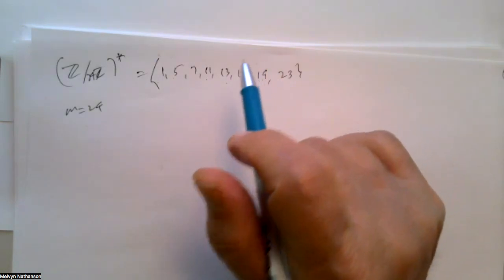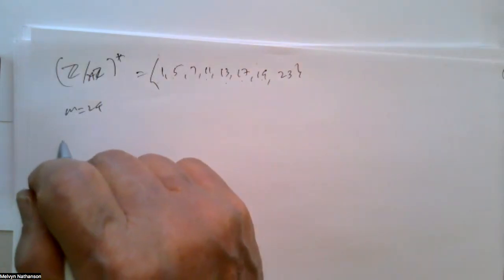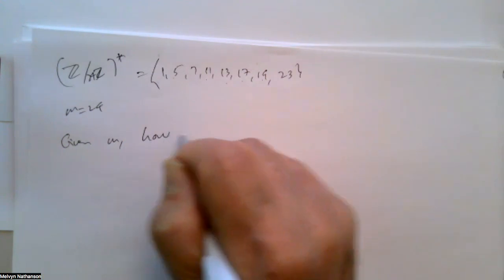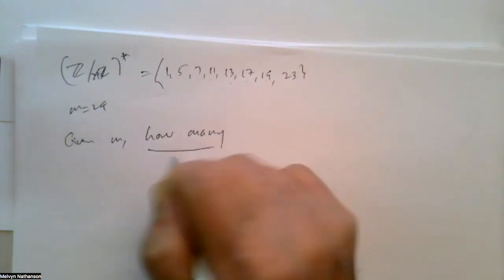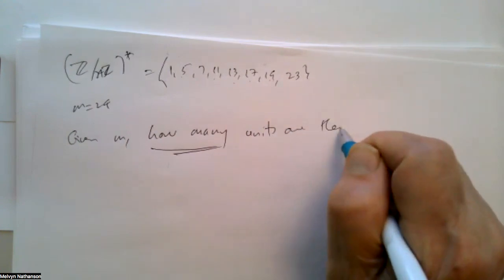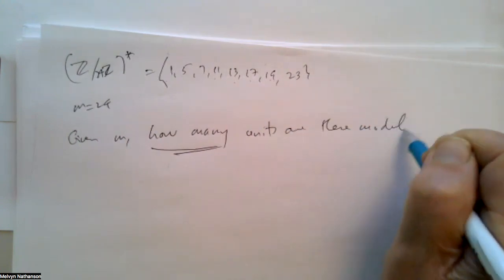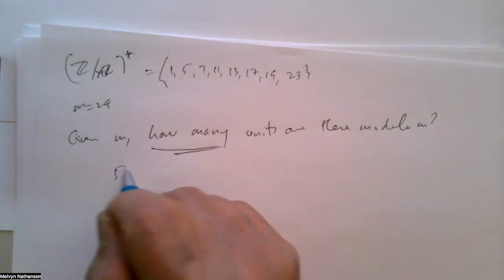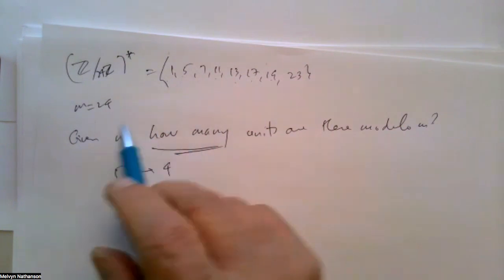And it's important to know, given m, how many units there are modulo m. So for 5, the number was 4.